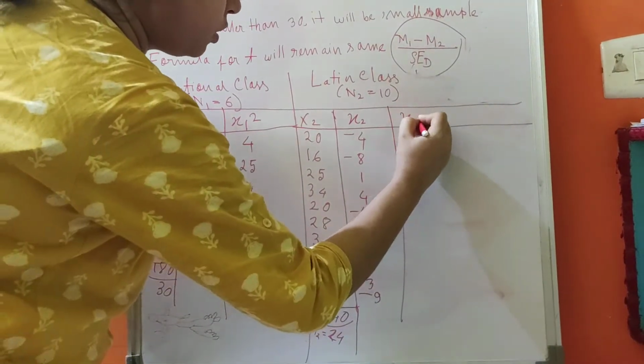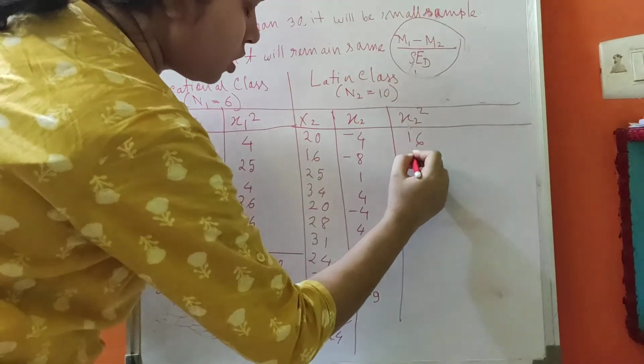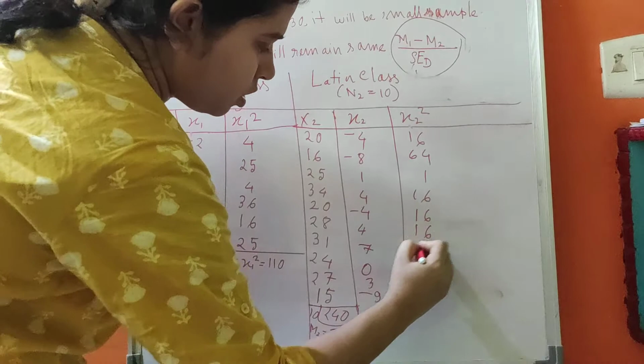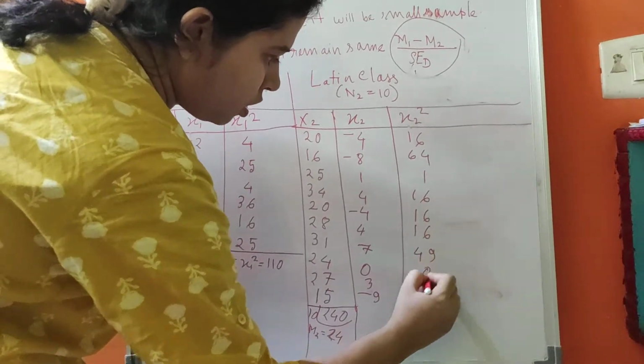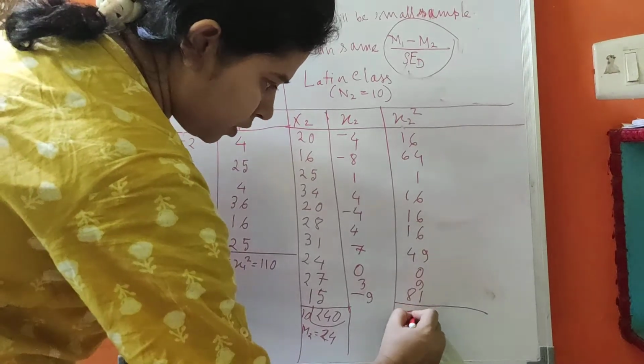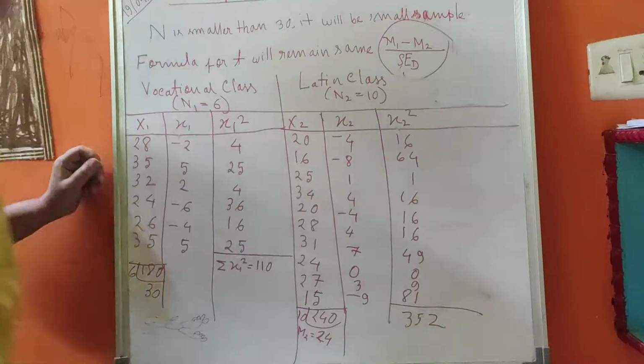Now the squares of the deviations are 16, 64, 1, 16, 16, 16, 49, 0, 9, 81. So the total is 352.